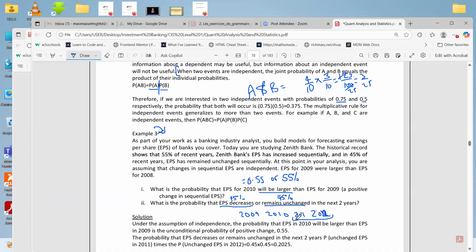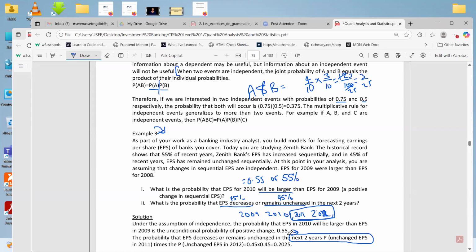So what would that be? Decreases and remains constant, because we want to consider 2 years at a go. So for us to look at 2 years at a go, we are taking the probability of a decrease and the probability of it remaining constant. I think this is the key factor we are considering here.